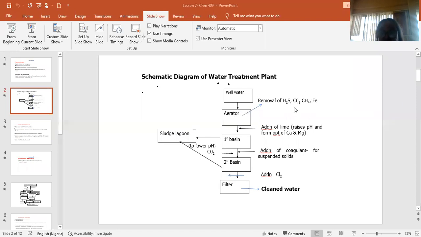We also remove iron. When you take your bucket of well water and leave it just like that, if that water has iron, what do you find on the surface of that water?